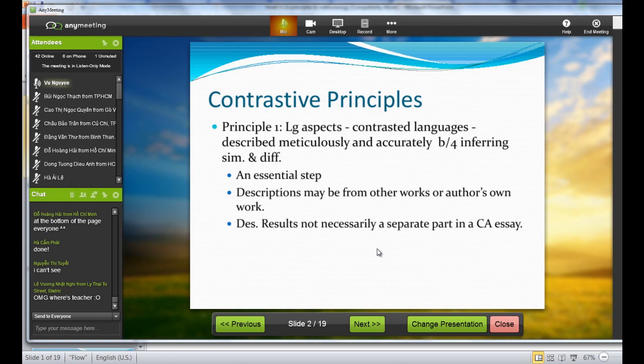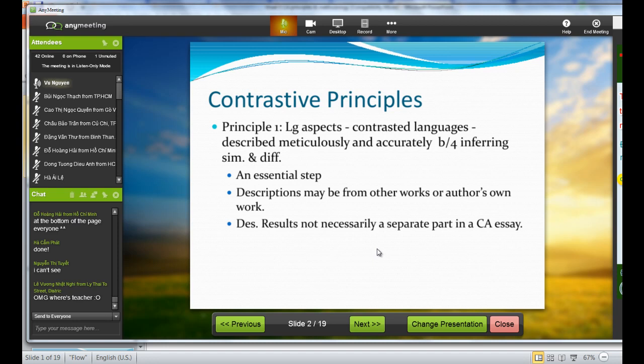This is an essential step, and your description may come from your own research, from your own work, or you can compile from the descriptions that are already available.